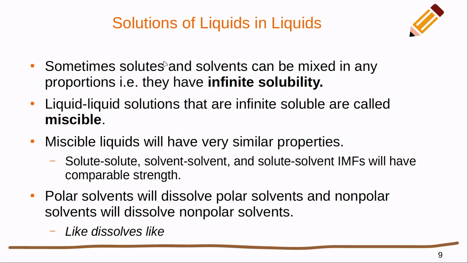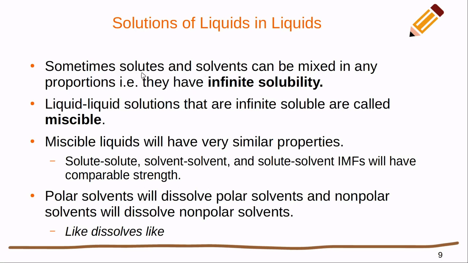So let's talk for a minute about solutions of liquids and liquids. What is true is that sometimes, and this is actually fairly rarely, solutes and solvents can be mixed in any proportions. All right, so I can have just as much solute as I have solvent.